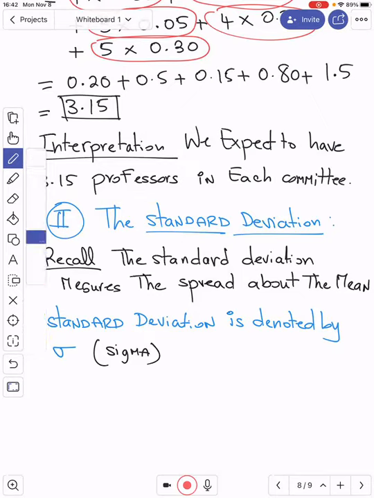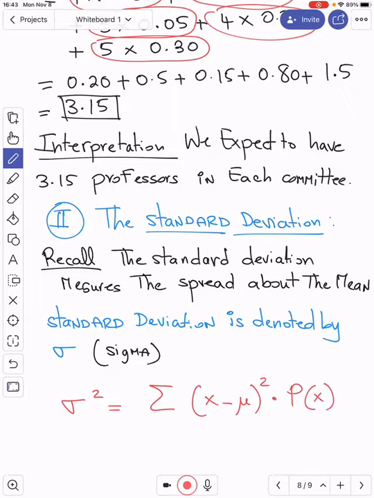There are 2 steps to compute the standard deviation sigma. First we need to compute the sigma square. So the sigma square would be equal to the sum of x, the value of x, minus your mean, squared. So this is x minus mu, all squared. This is the square of the distance between the mean and the value of x times, of course, the weight, which is given by p of x.